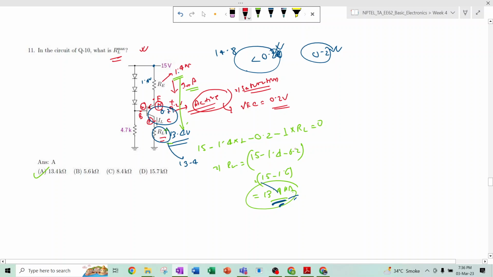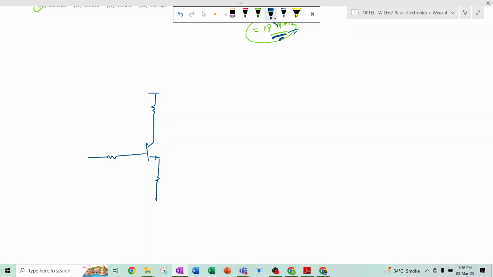Yeah, so basically, I am going to discuss some fundamental things. Sir, can you explain once how we classify whether a transistor is in active mode or in saturation?